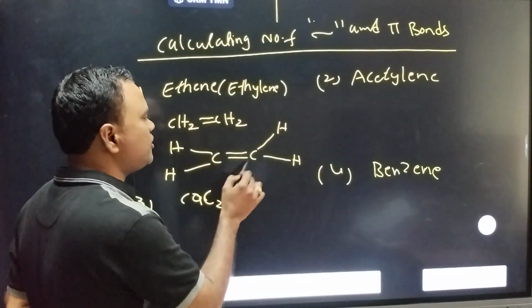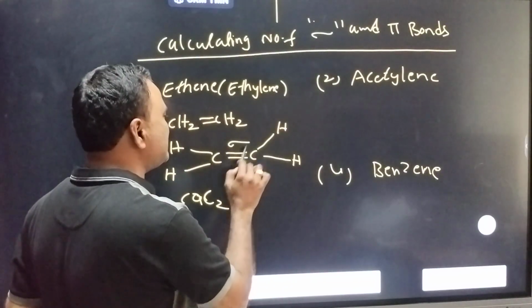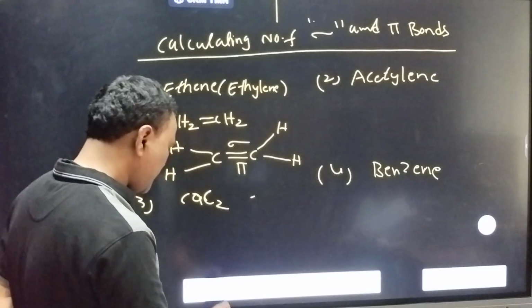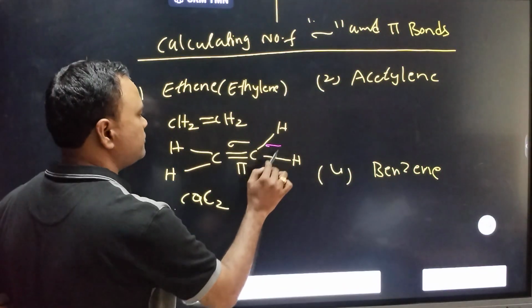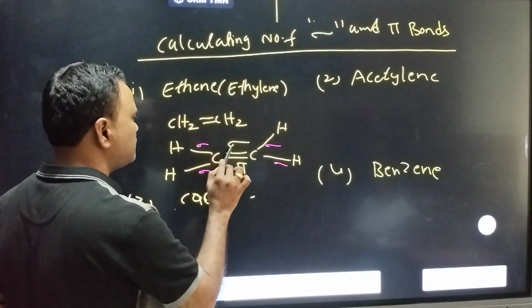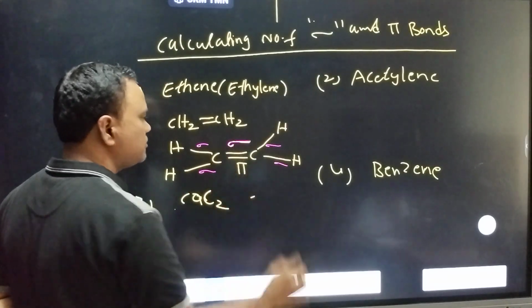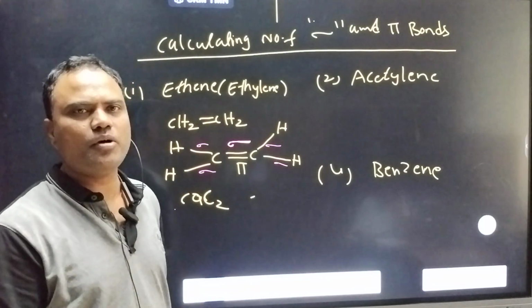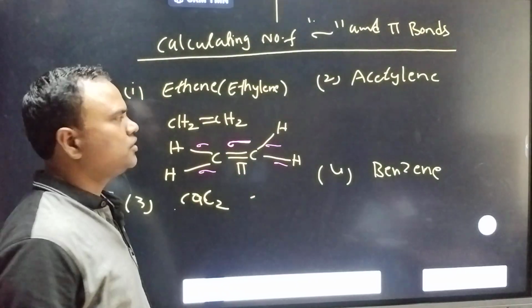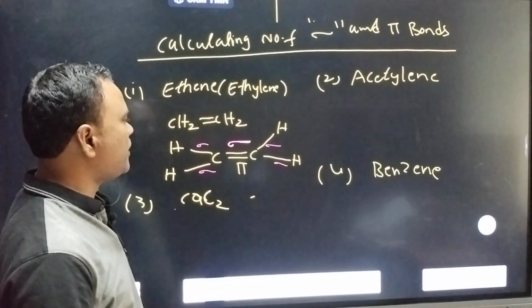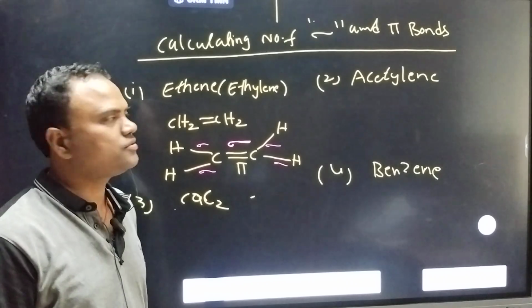See, this is a double bond. In a double bond, one is sigma, one is pi. I am representing sigma bonds with another color. Pink color represents sigma bond. Single bond is sigma bond: 1, 2, 3, 4, 5. So, one pi bond and 5 sigma bonds.